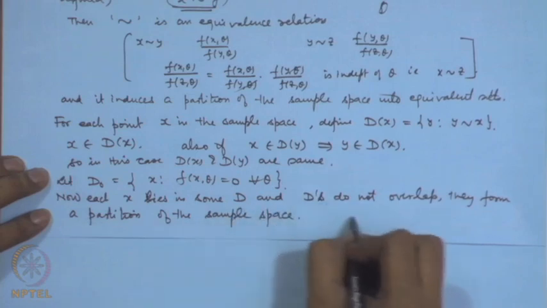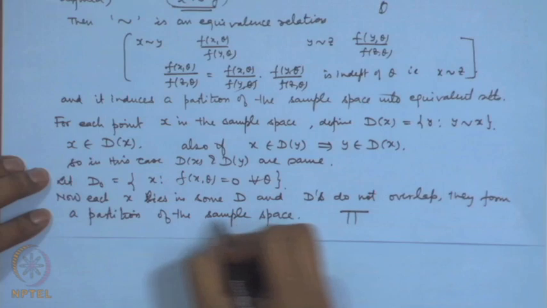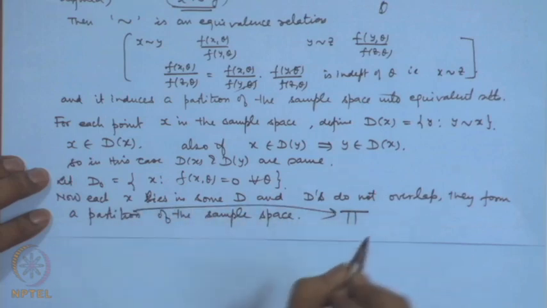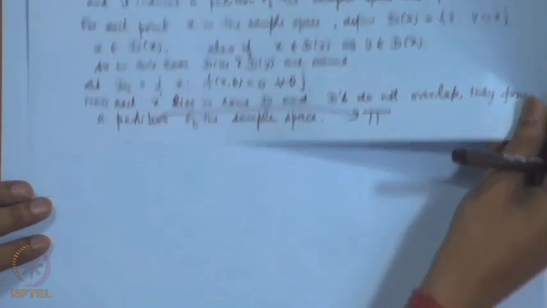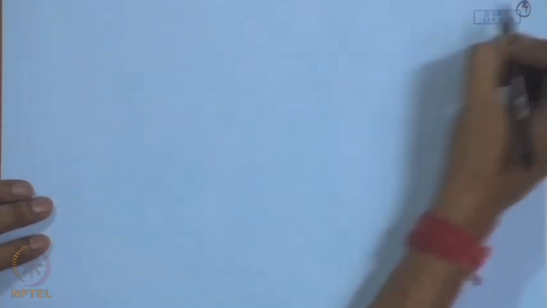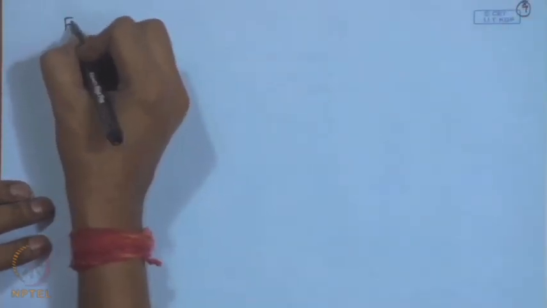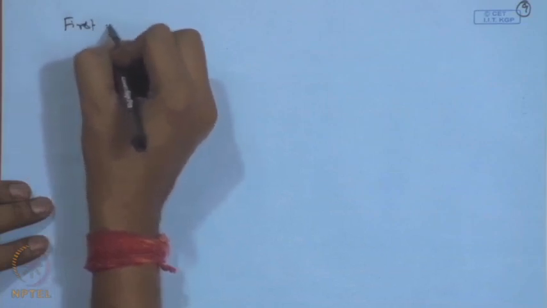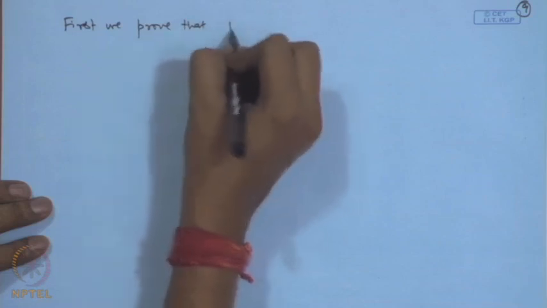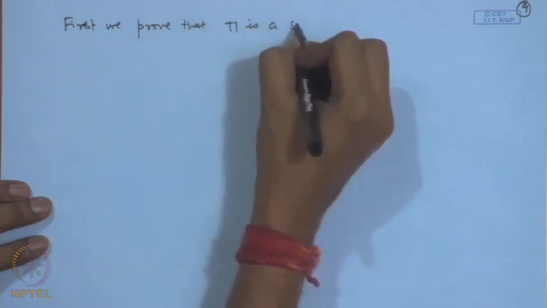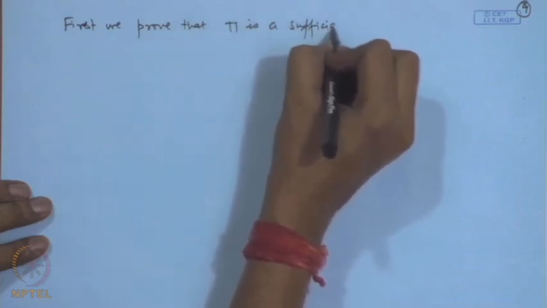Let us call this partition pi. Okay. This partition I will name as pi. First we prove that pi is a sufficient partition.